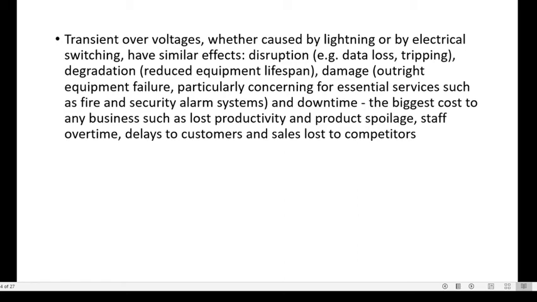So these are the main effects of these transients, whether impulsive or oscillatory, that is, whether due to the lightning or the electrical switching.